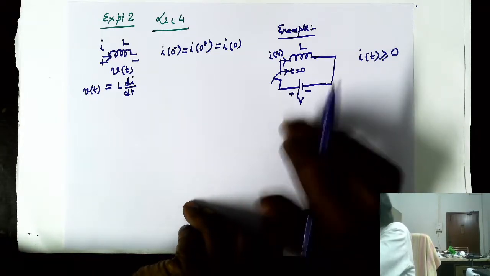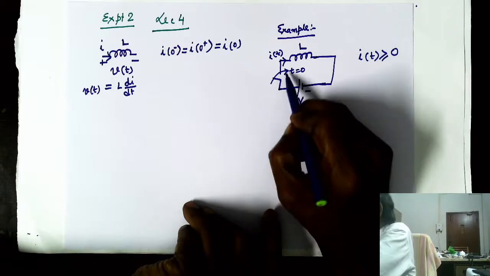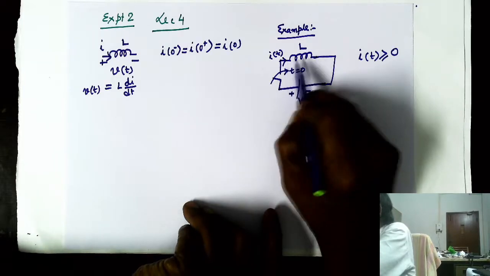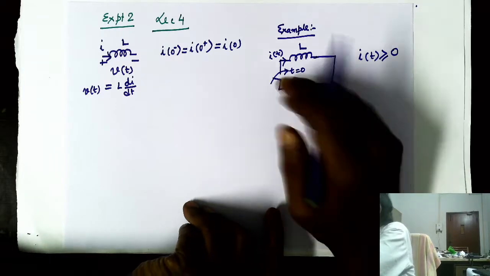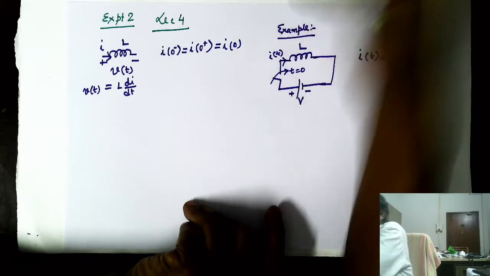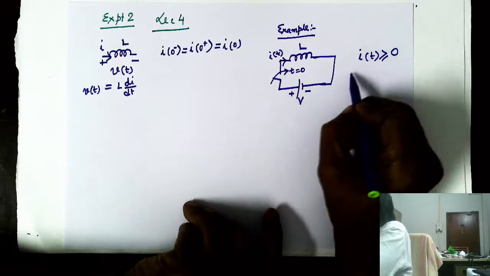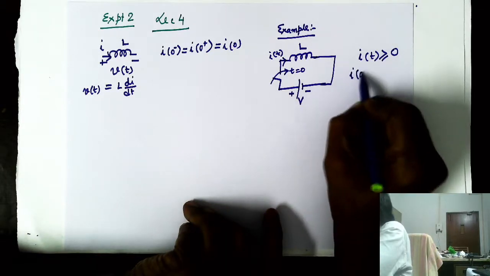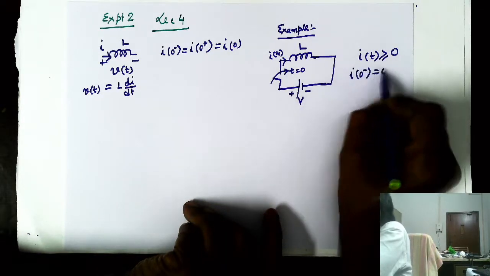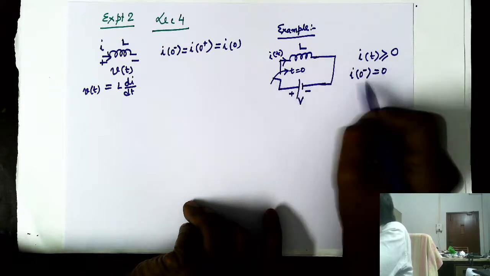That is, prior to this switching, was there any current through the inductor? As I told you, this inductor might have been part of another circuit. It might have acquired some current. So he says that no, the inductor had no current just before you carried out this switching at t equal to 0, that is, i(0 minus) is 0.